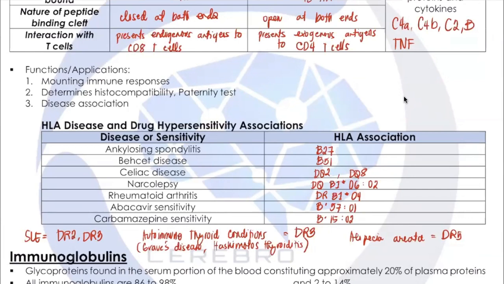Pero meron din itong application sa blood bank. Kasi in blood banking, minsan nagpo-produce tayo ng mga anti-HLA antibodies, 'di ba?